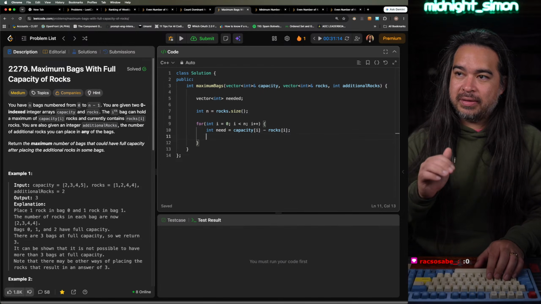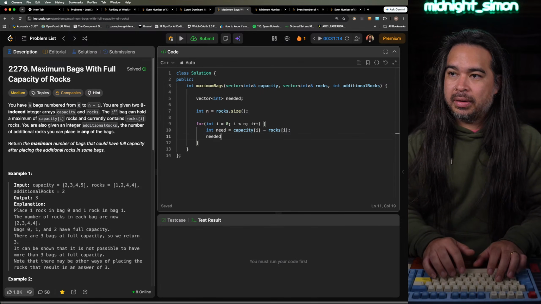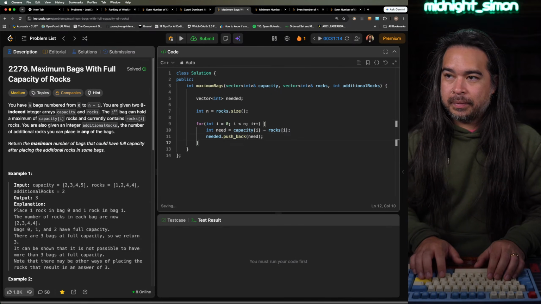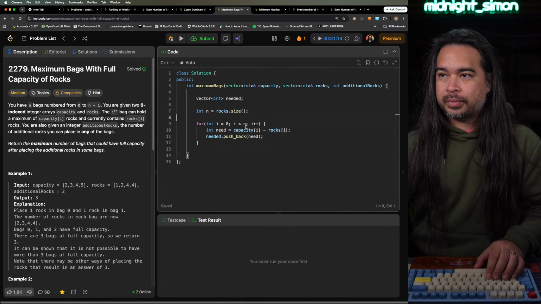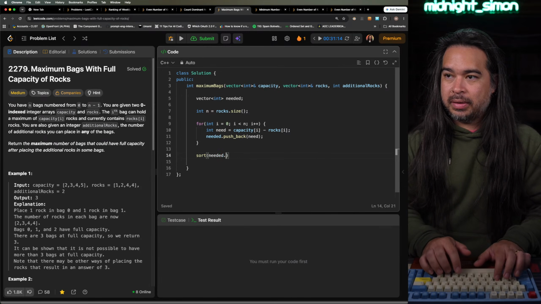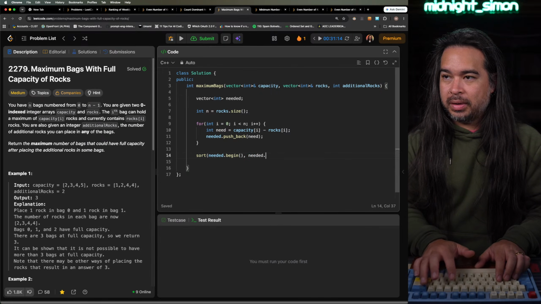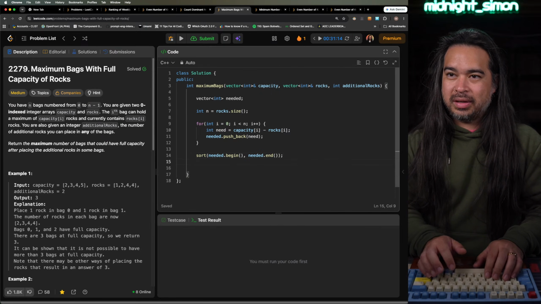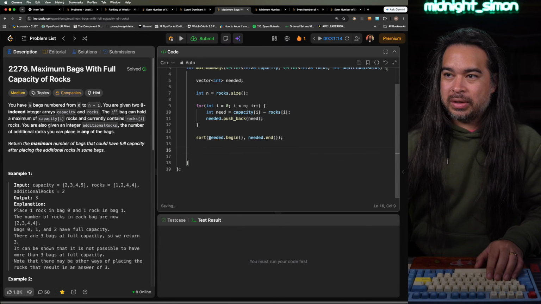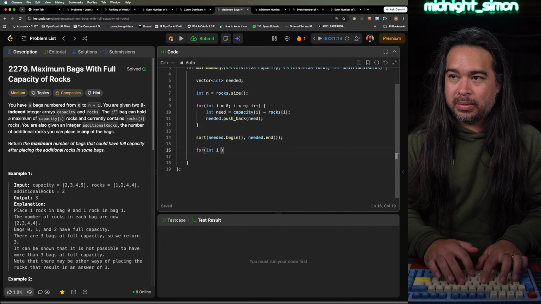That's how much you need to fill that bag. So I'll do that. And then I will sort. Is this like greedy or something? So I sort how much we need, and then I'll iterate through all of the needed.